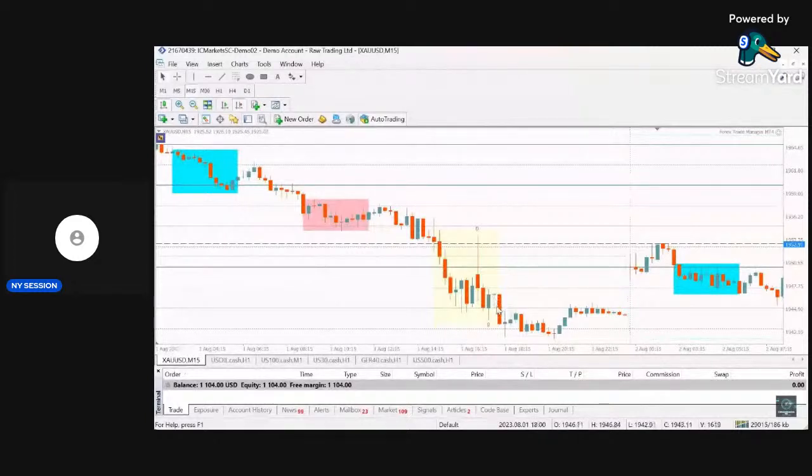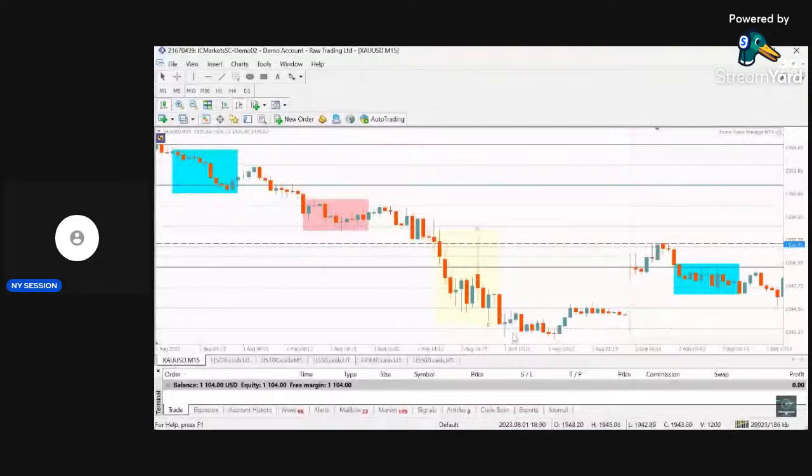I don't think there was much follow through on this news event for us to have gotten at least 50 pips from this trade. The most that probably would have been gotten is about 20 or less than 20 pips. Still, there would have been some trade. A trade from here to here is about 25 pips.